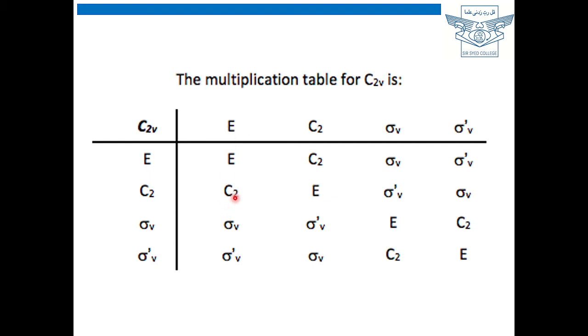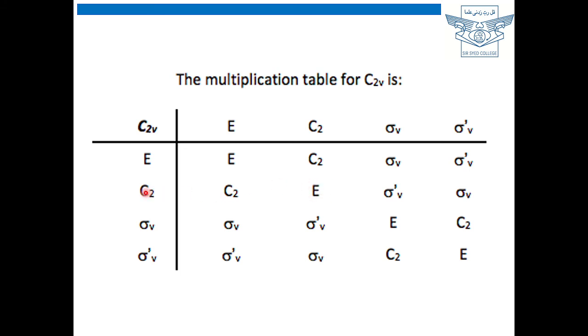Then if you perform C2 first, and again C2: when you do C2 initially, H1 becomes H2, and again C2 makes H2 become H1. That means you are getting back your original molecule. The original molecule is nothing but identity, so you are getting the identity element.